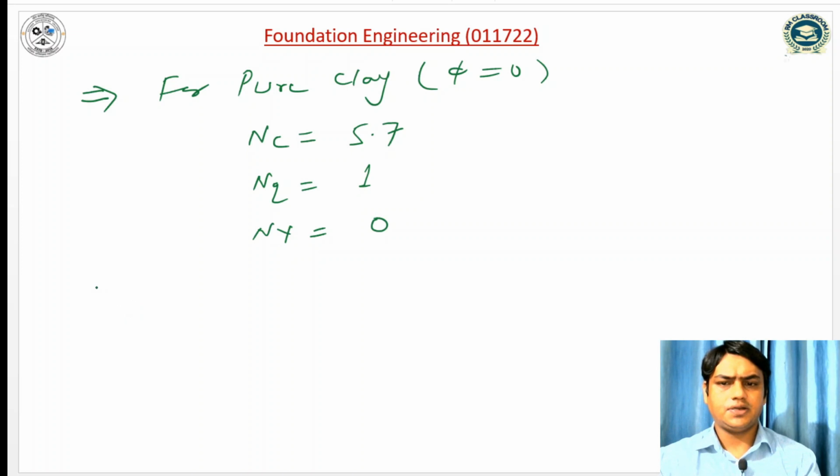And with the help of that, we can compute the ultimate bearing capacity for the strip footing: C N_C plus Q N_Q plus 0.5 B gamma N gamma.